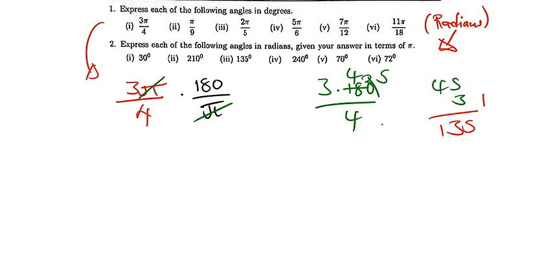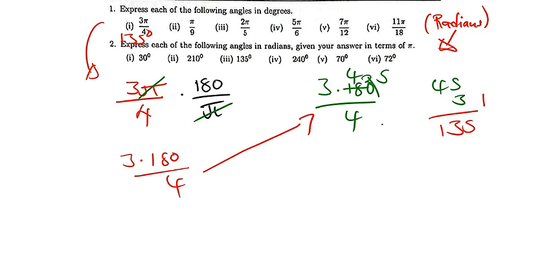So that's 135 degrees. Another faster way, instead of what we did here, is where there's pi, just put 180. So 3 times 180 over 4, and we get the same answer.